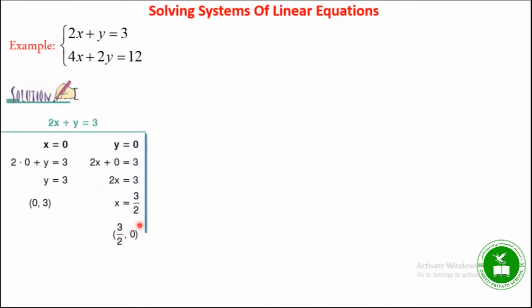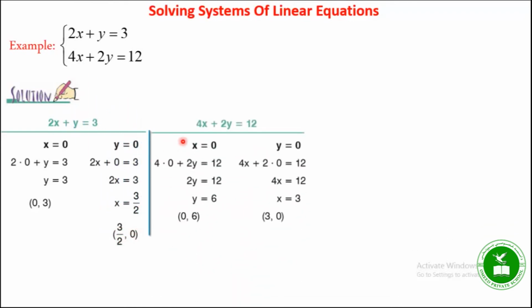The second equation, 4x plus 2y is equal to 12. Firstly, x should be equal to 0. That 4 times x, in place of x we will put 0, plus 2y is equal to 12. That 2y is equal to 12, y is equal to 6. If x is equal to 0, y will be 6.